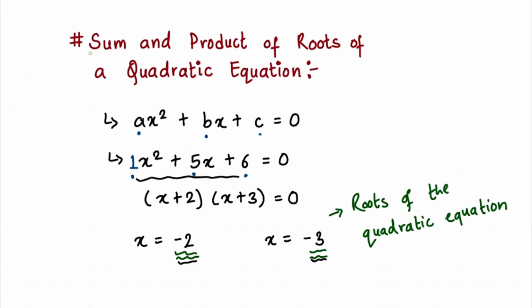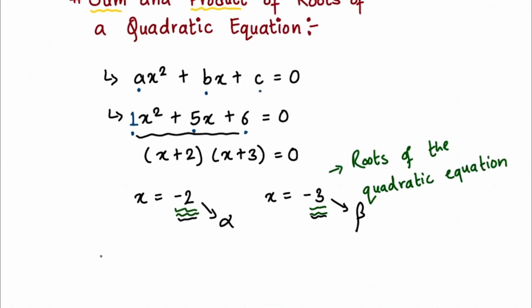In this video, however, we are going to talk about the sum and the product of these roots of a quadratic equation. For example, in this particular case, we have minus 2 and minus 3 as our roots. If we assume minus 2 as alpha, let's say, and minus 3 as beta, then alpha and beta are the two roots of our quadratic equation. Now, what we mean by the sum of the roots is the sum of alpha and beta, okay?